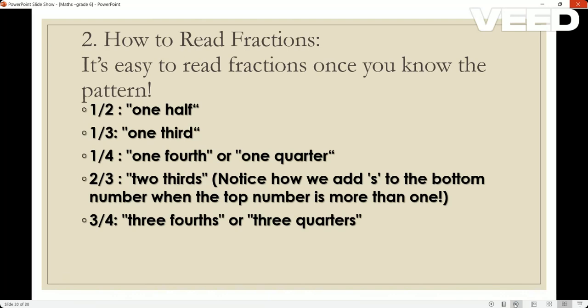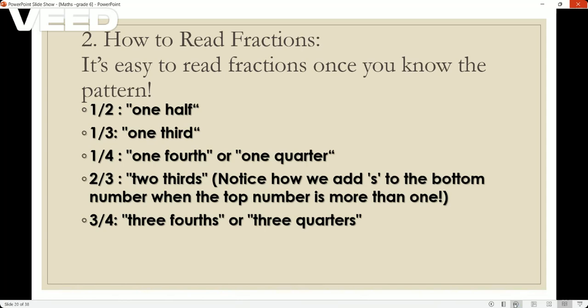Notice how we add s to the bottom number when the top number is more than 1. That means if the numerator is not 1, if it is 2 or more than 2, we add s at the bottom number. That means now see, two thirds.